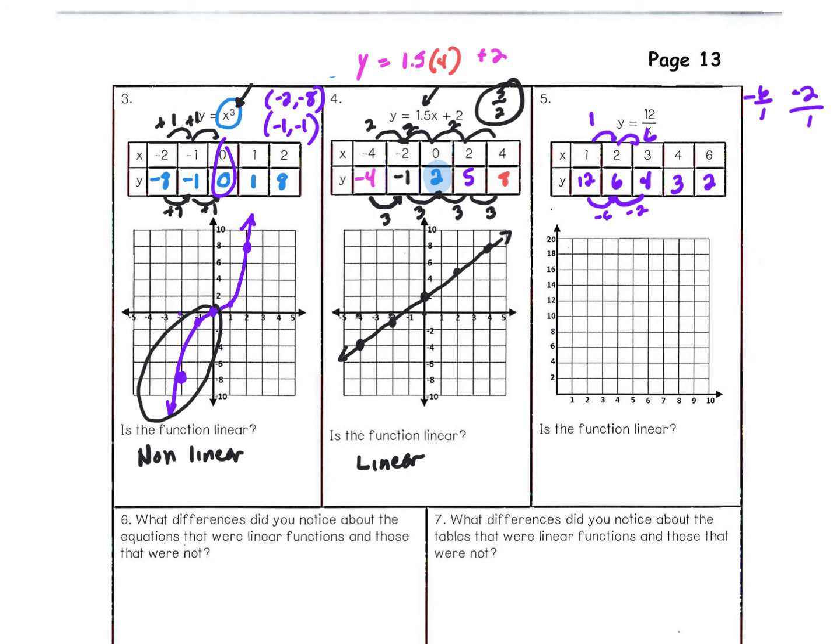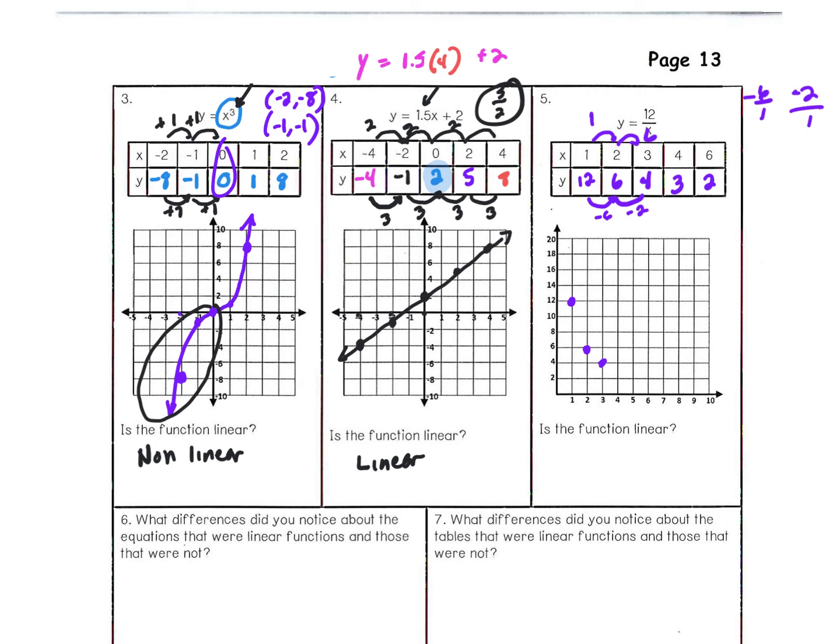And what would the graph look like? Well, I'd have to go 1 and then up to 12. So 1 and up to 12. So 2, and then I go to 6 on the y-axis. Then 3, and I go to 4. Well, that already doesn't look like it's straight.